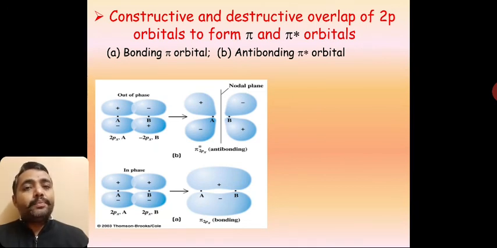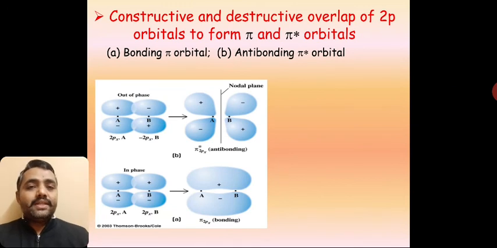If you take 2py overlapping with 2py, positive overlap forms the bonding molecular orbital pi 2py, and out of phase means negative overlap, forming pi star 2py. In the same situation, you can take px and py orbitals, both lateral overlapping to form pi bonds.